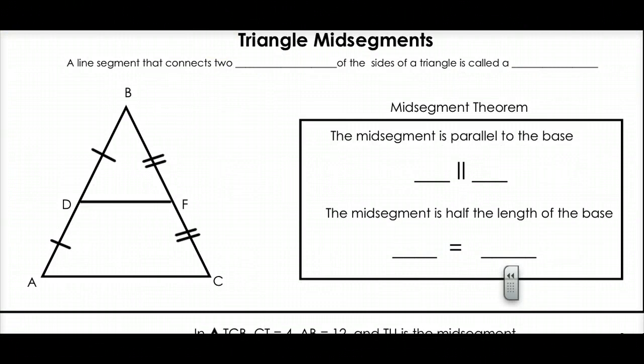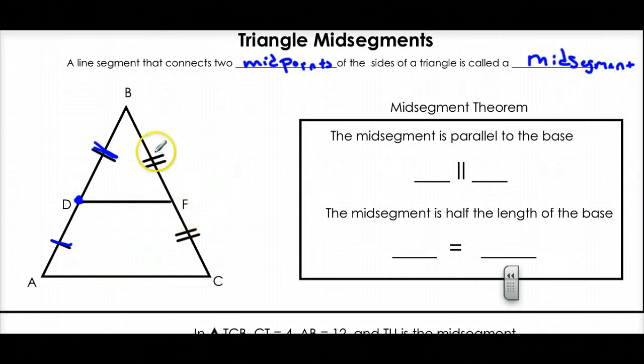A midsegment is a line that connects two midpoints of the sides of a triangle, and that is called the midsegment. So for example, in this case, we know that D is the midpoint of AB because AD is congruent to DB, so D must be in the middle.